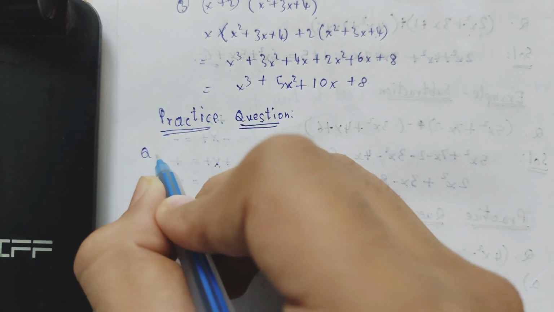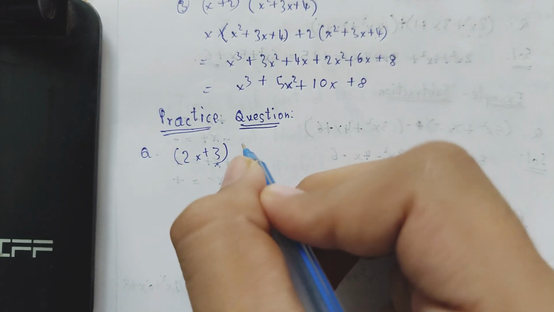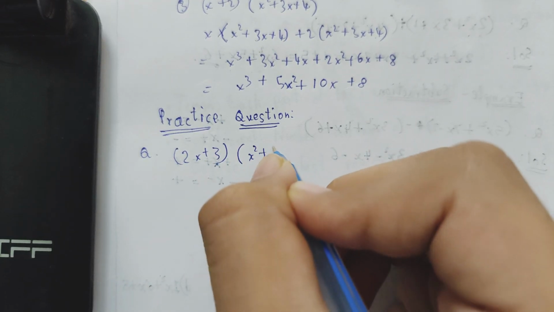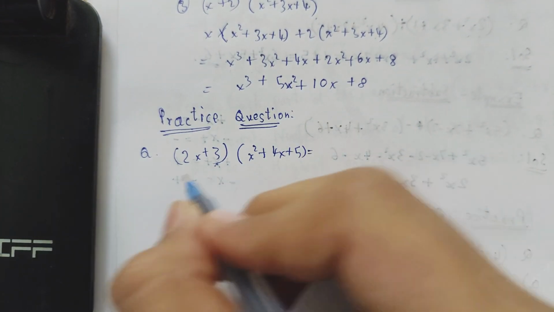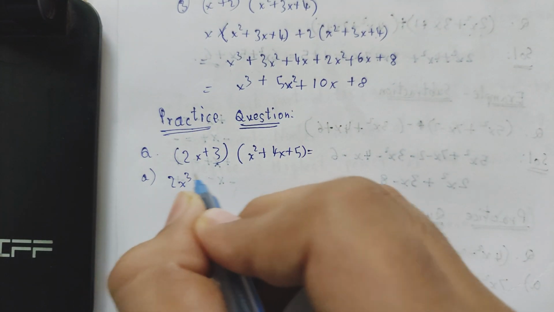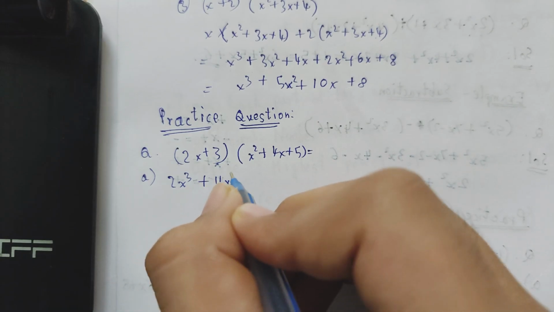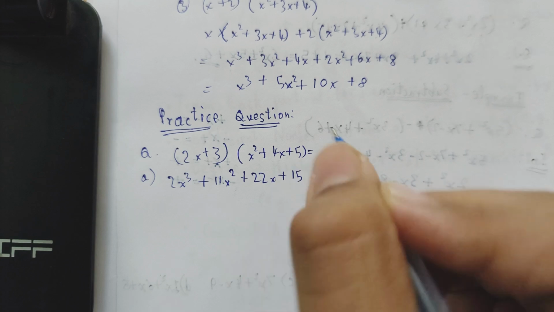And the question is, what is 2x plus 3 into x squared plus 4x plus 5? The options are, option A 2x cubed plus 11x squared plus 22x plus 15.